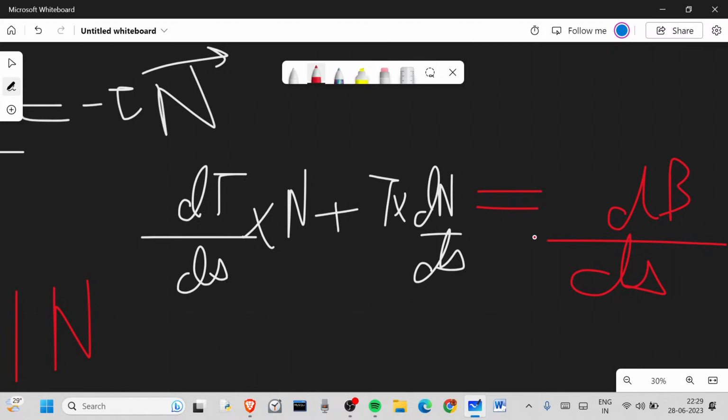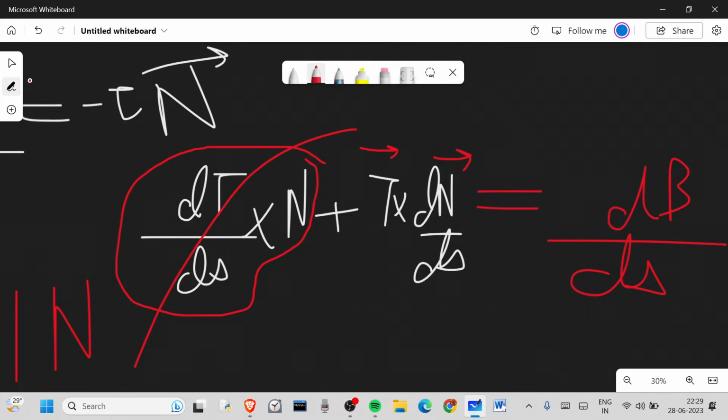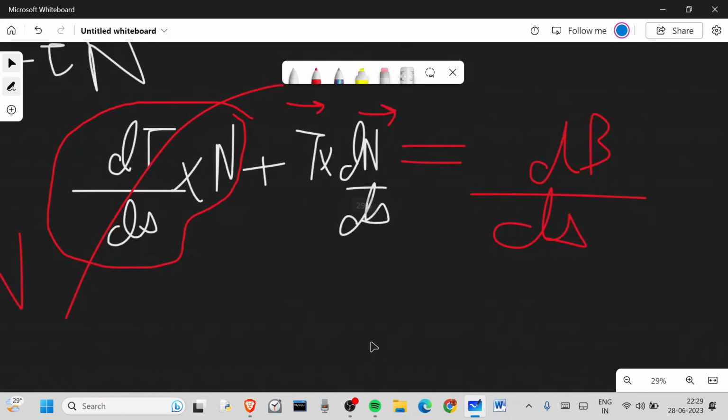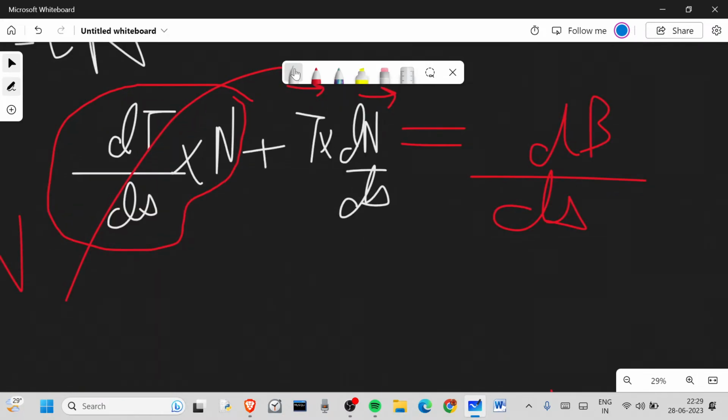Now what I'm saying is that this first thing is 0. Of course they are vectors. Many of these proofs are thought up by me, and many of the things I'm trying to think fresh over here.